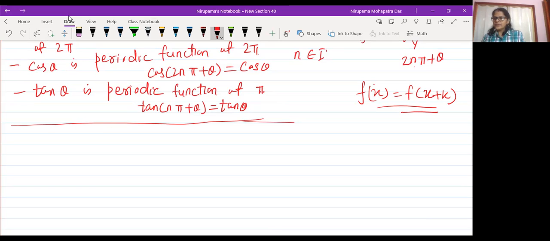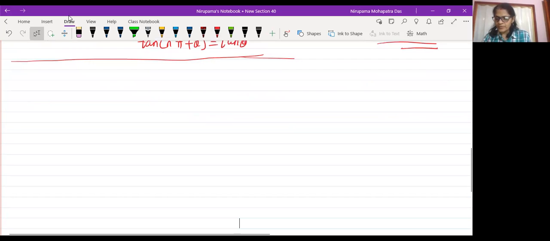Any function, it may be a breathing function, it may be a trigonometric function, it may be any other function f(x), if it follows a definite pattern in regular intervals, it can be taken as a periodic function. Is it clear?